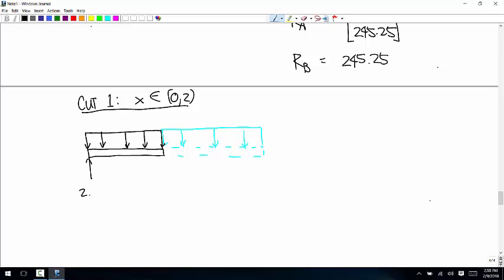And then there's the upward force of 245.25. And then the internal loads, T, V, M, torque.